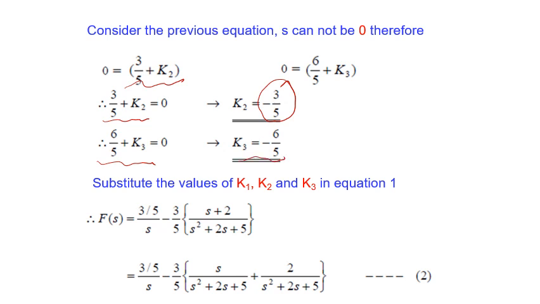We substitute them in the earlier equation, and it looks like this now: 3 over 5 all over s, minus 3 over 5 into s over (s squared plus 2s plus 5), plus 2 over (s squared plus 2s plus 5). That's equation number 2.